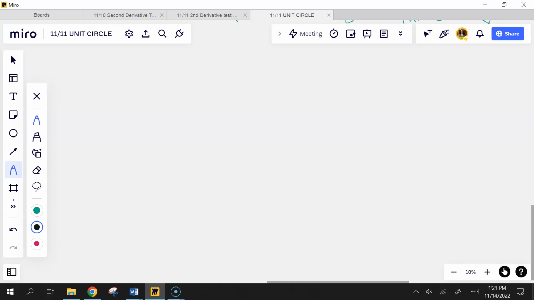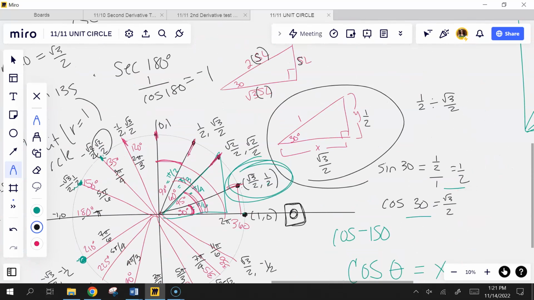So flip, I'm going to do 1/2 times 2 over the square root of 3. You won't have to do this every time unless you just can't memorize it, which is fine too.